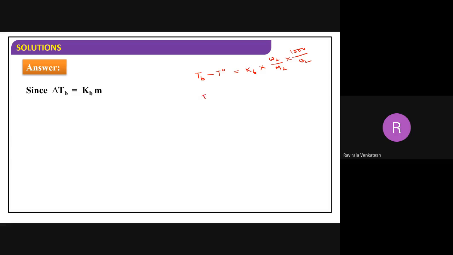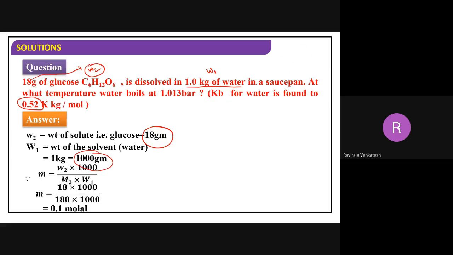Now we are calculating the boiling point of the solution. The boiling point of water, T0, is not given, but you know it: 100 degrees Celsius, that is 373.15. Don't take degrees Celsius, always take Kelvin only.